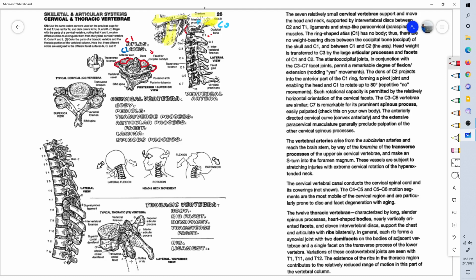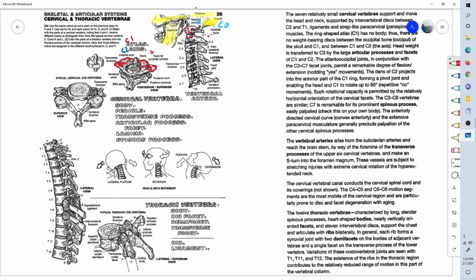And inside the transverse process is found what is called the transverse foramen. Foramen means hole. It's not a nerve that passes through this particular hole. There's the transverse foramen right here, here, and here.